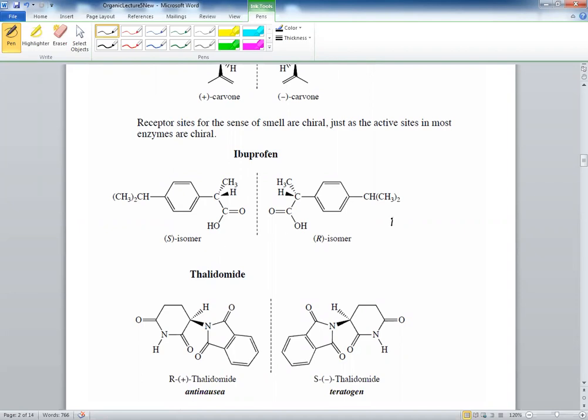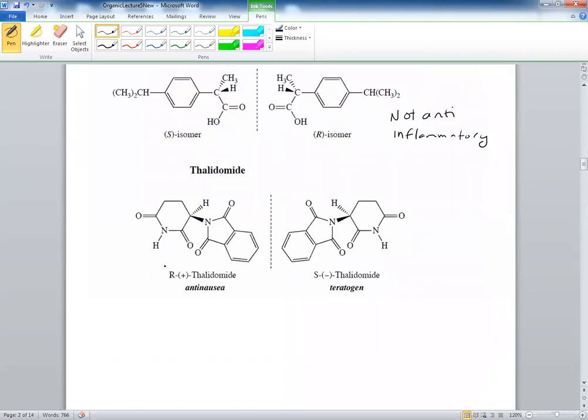This one has no anti-inflammatory effect. This one is anti-inflammatory.